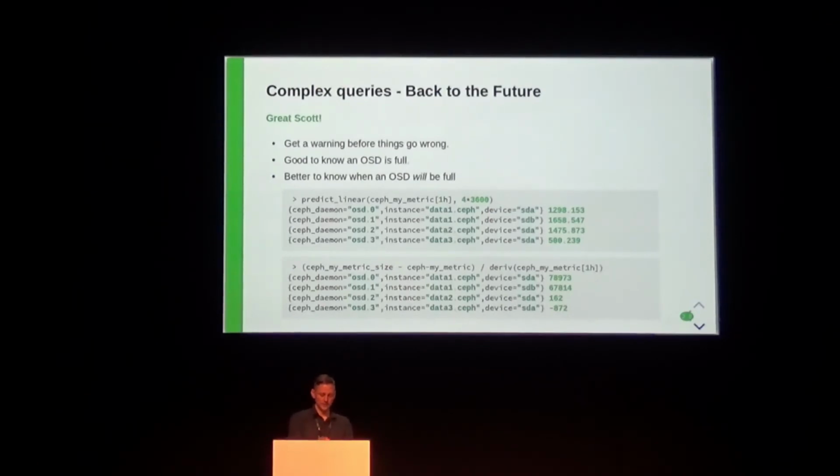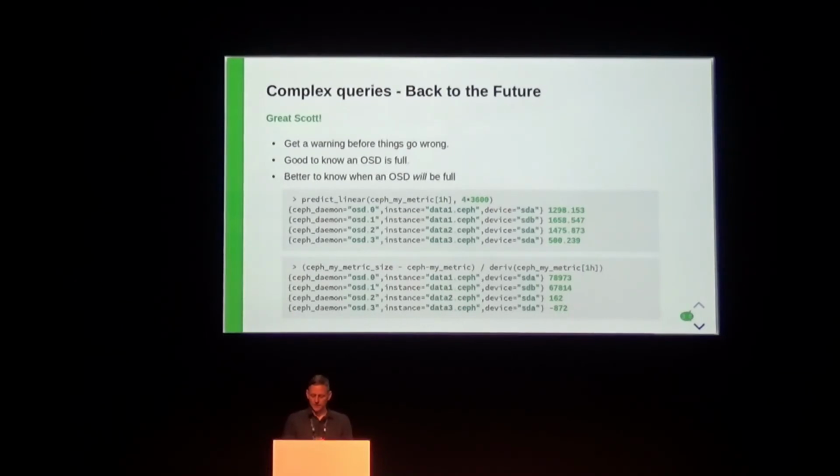So what we do here is use the size and the usage to get the free space, and essentially ask it, with the current average fill-up rate over the last hour, give me a derivative, and that essentially tells us, okay, in how many seconds will the free space for this metric be 0? And then you can do some alerting on it, which I find quite nice.